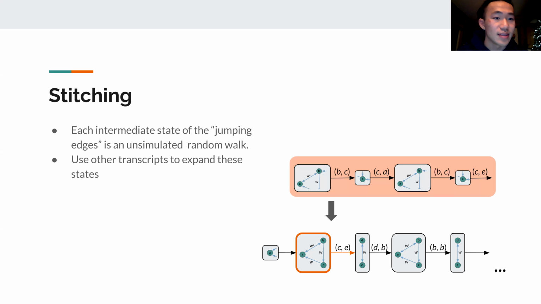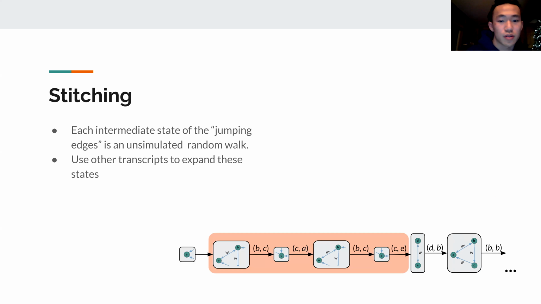And given those two transcripts, we can naturally stitch these together now. This is going to give us a slightly higher resolution random walk where we're still not looking at every single edge taken, every single vertex we visit, but we still have a slightly better idea now. And this will be distributed as if we were just simulating a random walk directly. And so then we can repeat this process again.